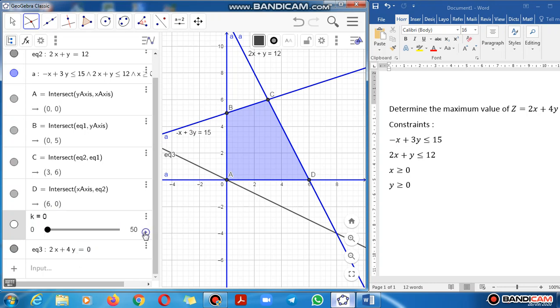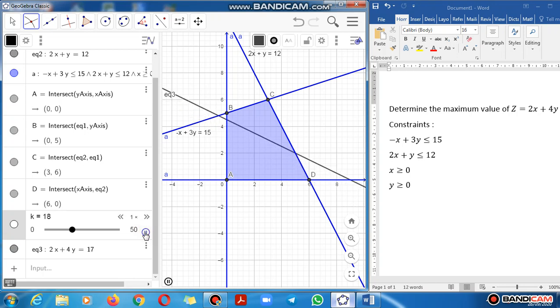Then at the point D (6, 0), we get the value of the objective function is 12.